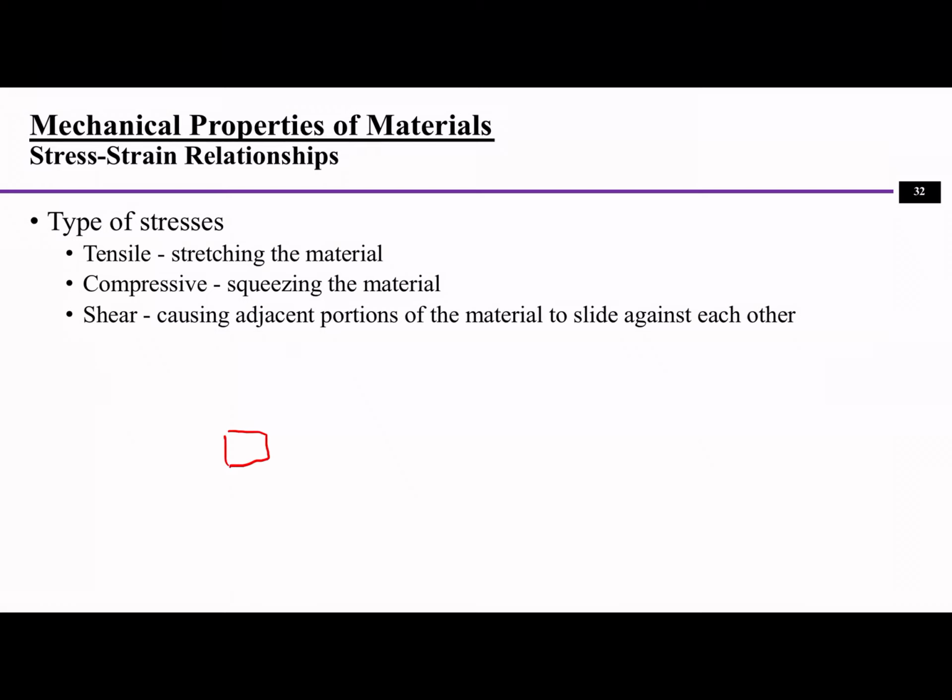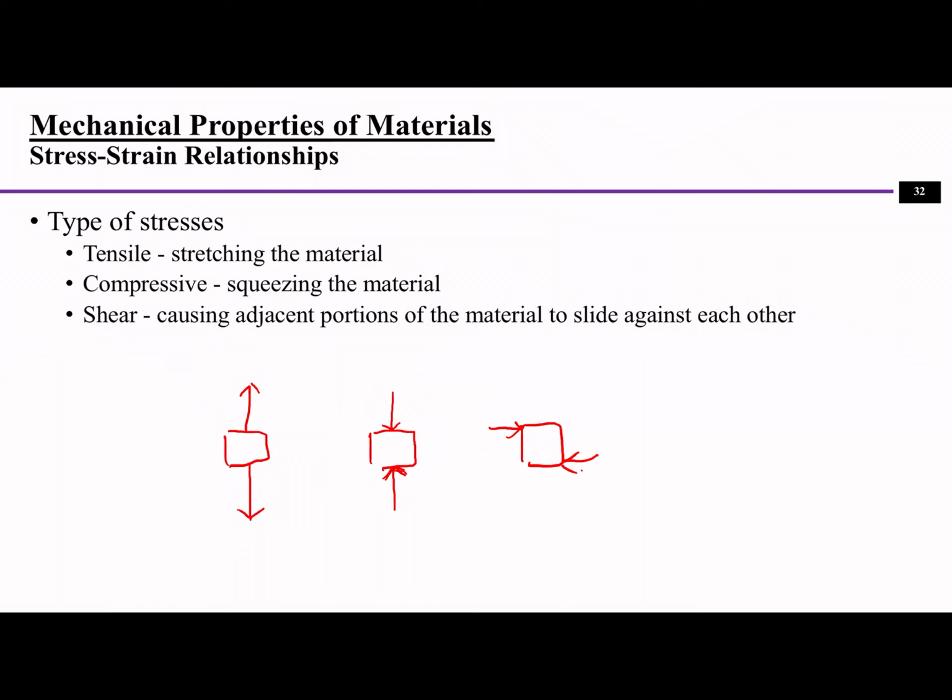First you need to know there are three types of stresses, right? One type of stress is the tensile stress, which means you are applying forces to the material in two opposite directions, and typically we stretch it. Another type of stress is compressive, meaning we have two forces toward the same point.